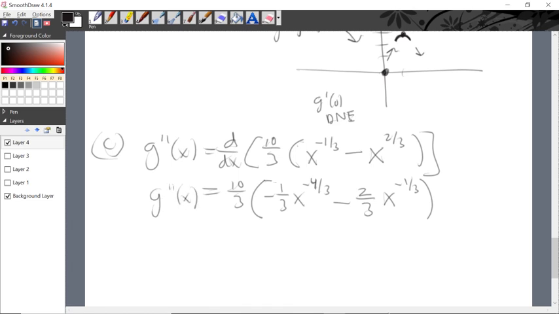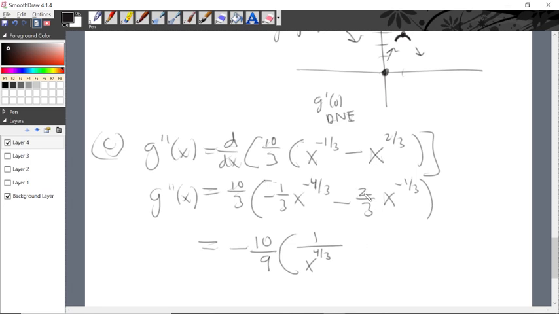Let's see where we need to be testing intervals of concavity. I'm going to clean this up a bit. I'm going to factor out a negative 1/3, so we get negative 10/9 in the front. That gets rid of the denominator and the negative. This is x to the negative 4/3, which I'm going to write as 1 over x to the 4/3.